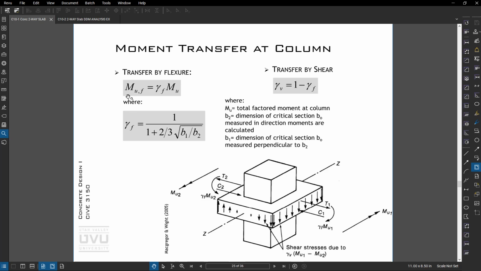What I'd like you to do is load one side of the slab and not the other, and then load all the slabs and see what the difference in moment transfer is at the column, which really should be not much, if any, with the fully loaded option. The other option is to use this type of equation to do those calculations.